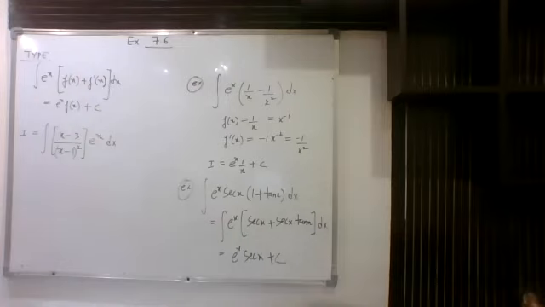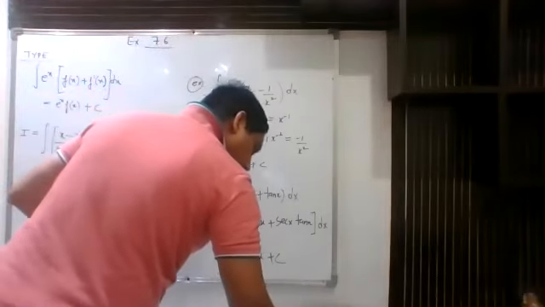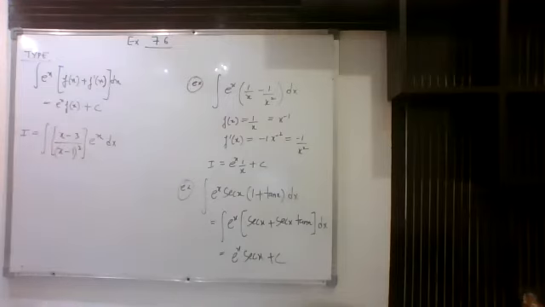Now, in order to apply this form, we need to do certain manipulation work here. So what manipulation you can do is, this x − 3 can be written as (x − 1) − 2. How am I doing that manipulation? By looking at this denominator, it is (x − 1) cubed. So I can write this as (x − 1) − 2. If I do that manipulation, then this is how I can write it.